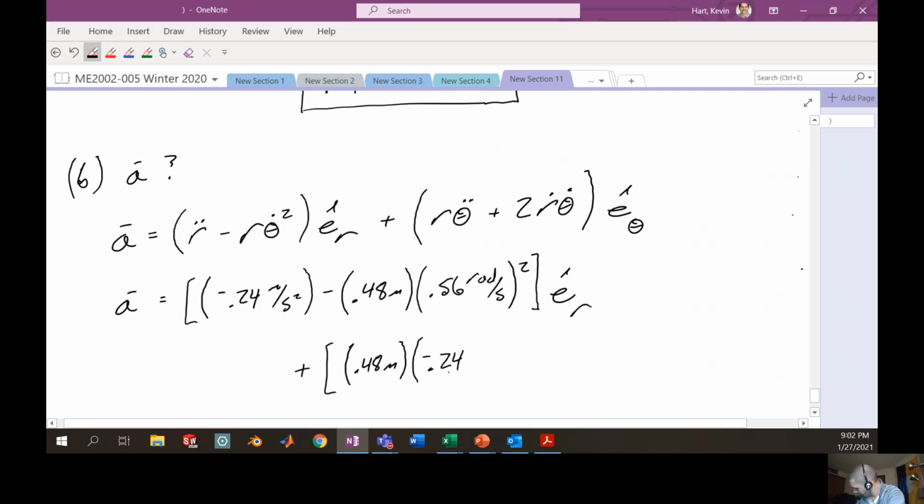Is it negative 0.24? Oh no, I'm confusing that with the positional acceleration. Here this is 0.30 radians per second squared. Plus this term here is 2 r dot theta dot. r dot is my extensional velocity, negative 0.45 meters per second, and my theta dot term, 0.56 radians per second.